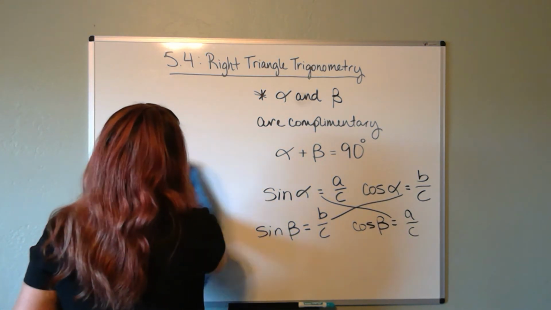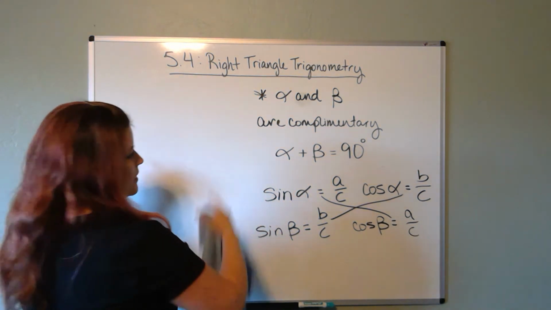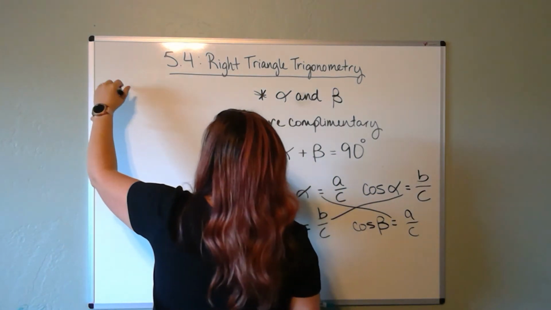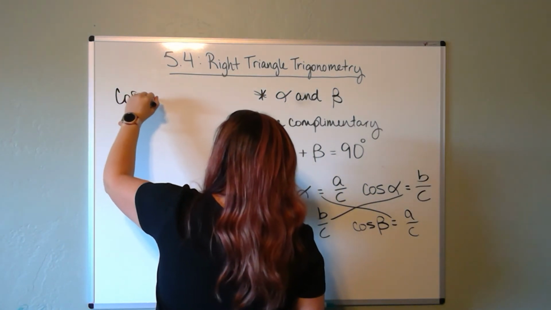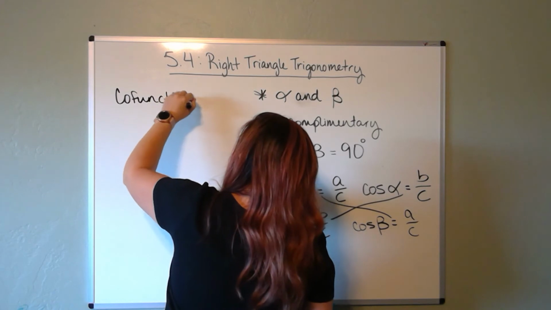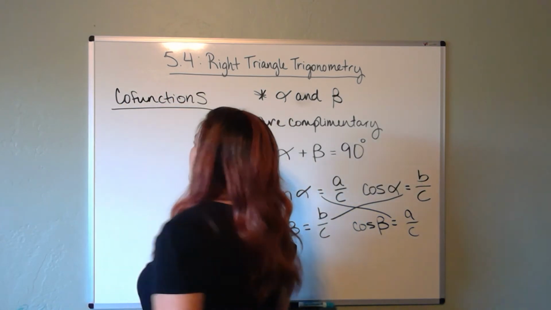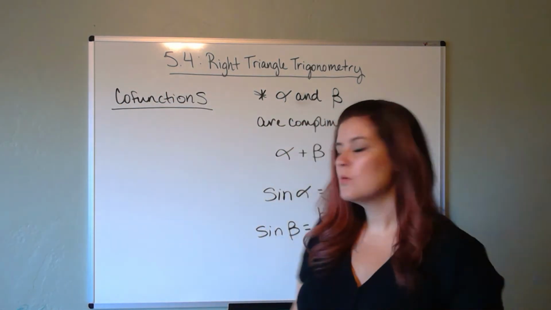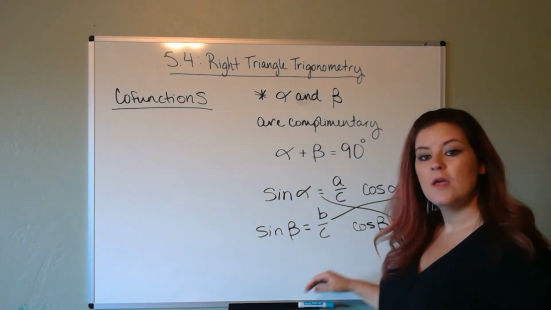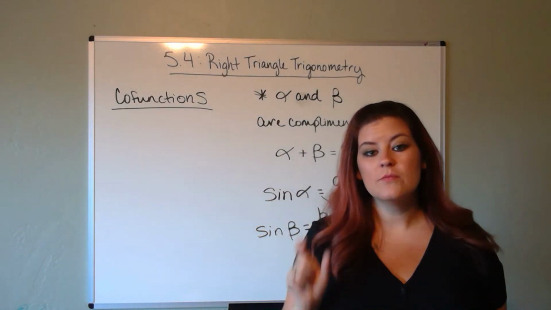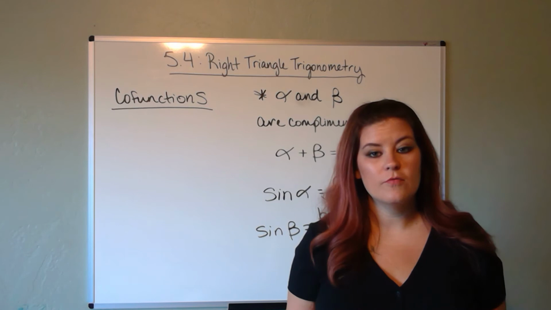Let me give you a little summary of what I just said. It falls under the topic of what we call cofunctions. We can see it with sine and cosine, but there are other cofunction relationships out there with the other four trig functions.